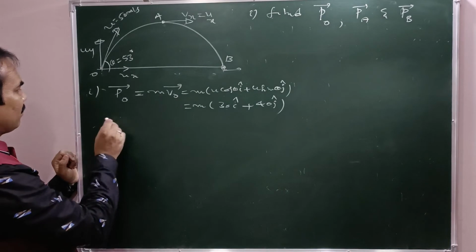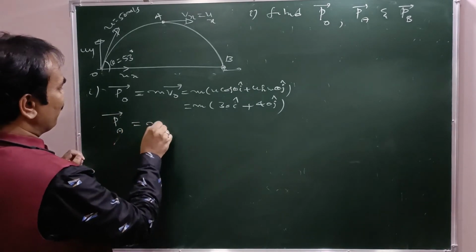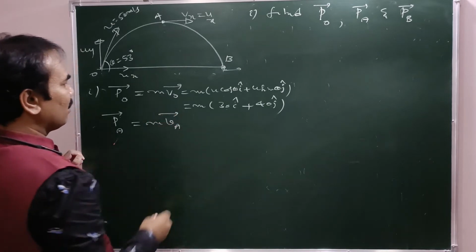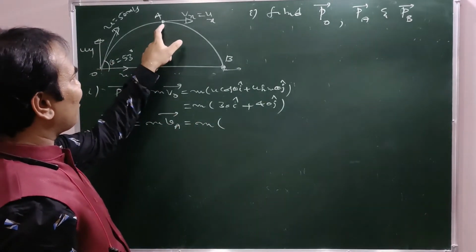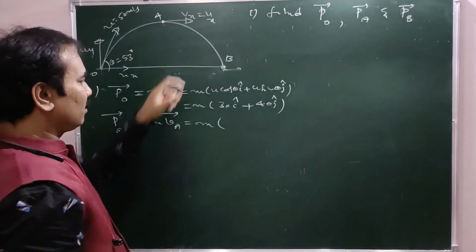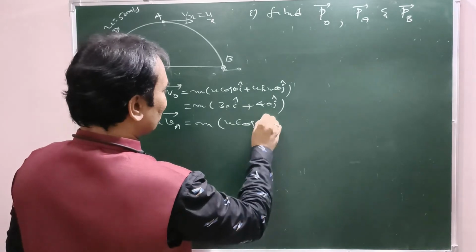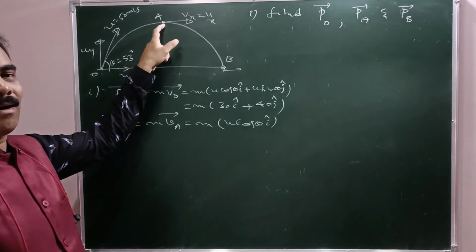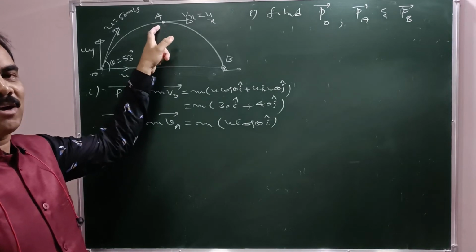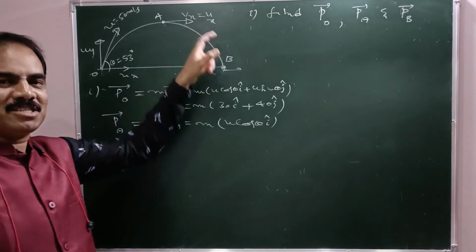Momentum at A. That is M into velocity at A. Already we calculated: we are left with the horizontal velocity at the highest point, that is U cos theta into I. At the highest point we have only the horizontal component, because the vertical component is 0. So the horizontal component itself is the net or instantaneous velocity.